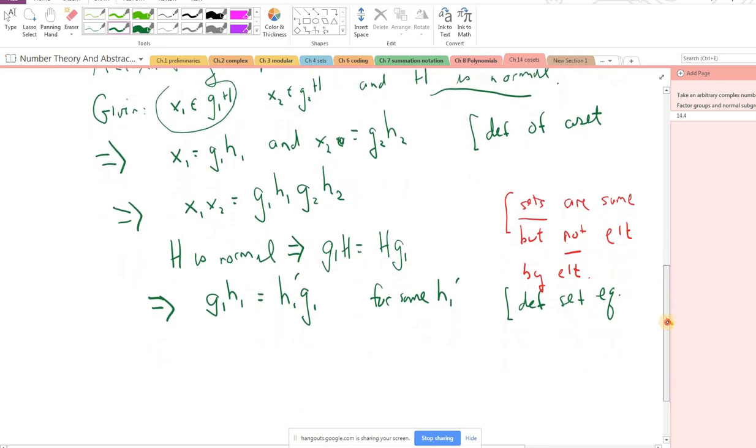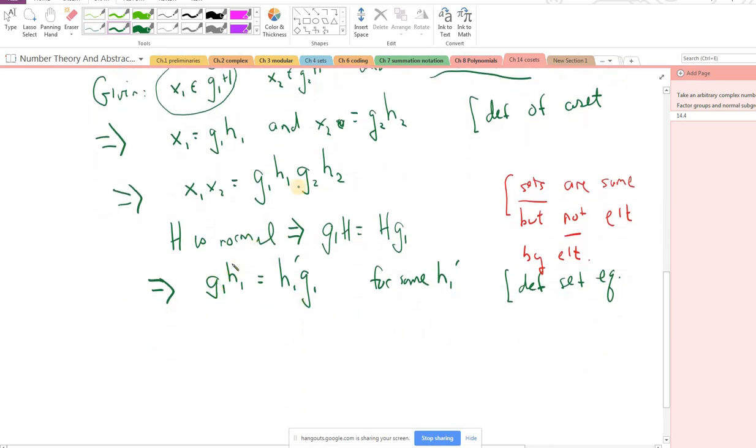Now, let's look a step ahead. Here I have G1H. I can change this G1H into H1 prime G1. So I could do substitution, and I could get x1, x2 equals H1 prime G1, G2, H2.